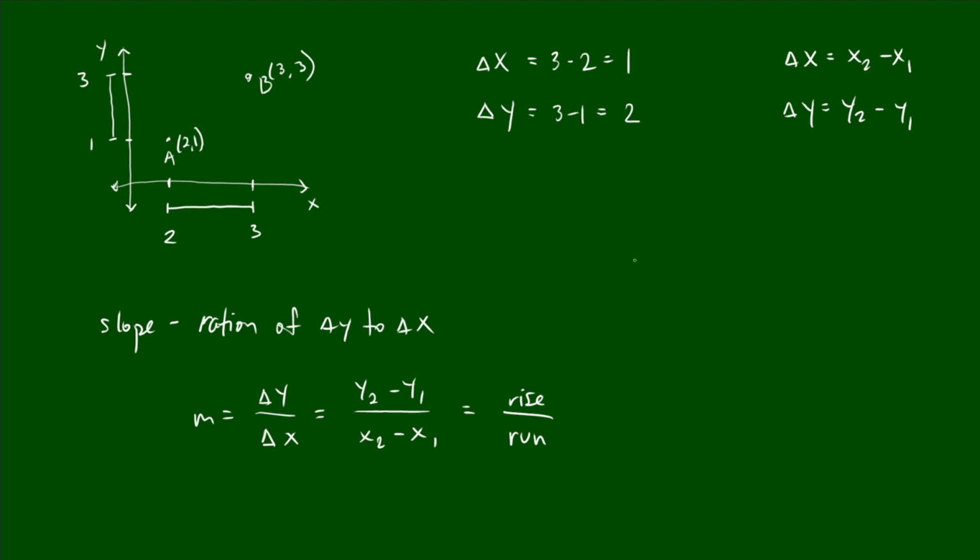Let's do an example. Let's say you have a line joining 2 points. Let's say the points are (1, -2) and (3, 5). What is the slope between these 2 points? Well, you would do m equals y2 minus y1.